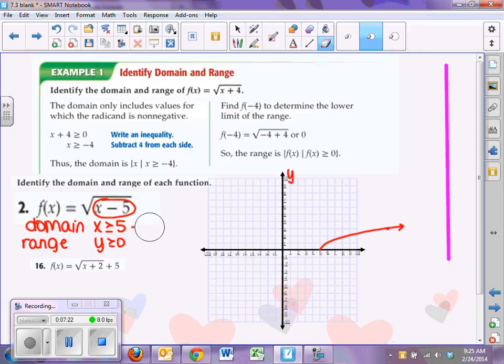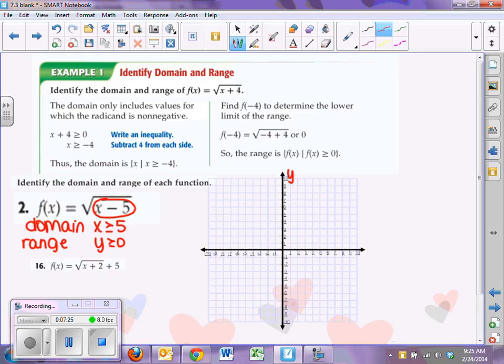Again, for 16, I'm going to just graph it ever so quickly. I'm going to take the regular square root function, (0, 0), (1, 1), (4, 2), (9, 3), and shift up 5. Because of the plus 5, I'm going to shift up 5 and to the left 2 units.